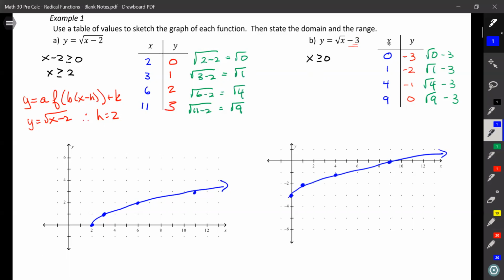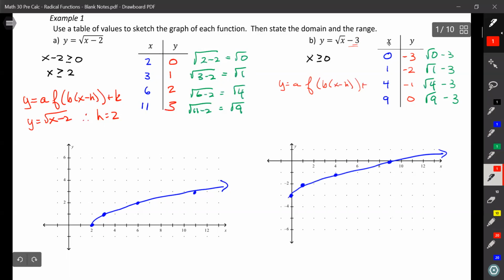So we notice this time, if we look at our y equals a f of b x minus h plus k, and this one here is y equals square root of x minus 3, what we have is k equals negative 3, which means it will shift down 3 units, which it did right there, shifted down the 3 units.